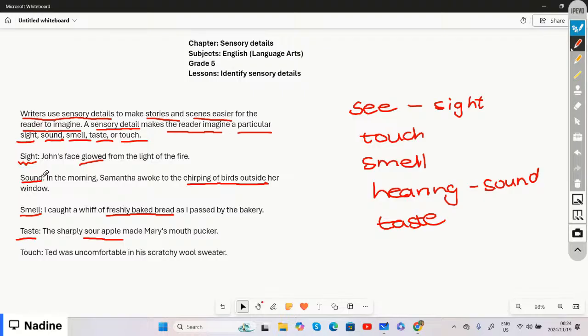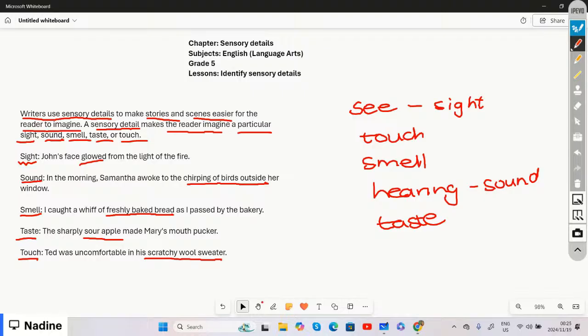And then the last one we have is touch. It says Ted was uncomfortable in his scratchy woolly sweater.